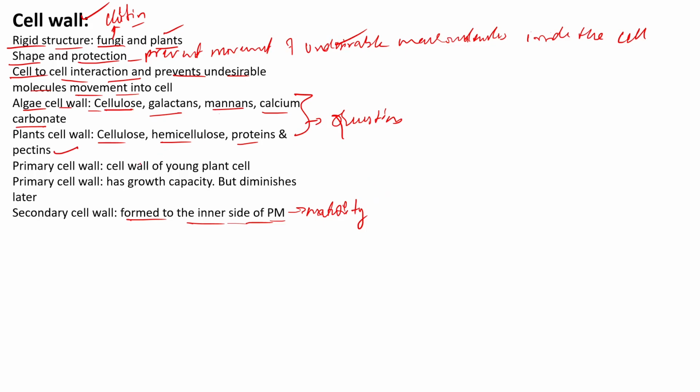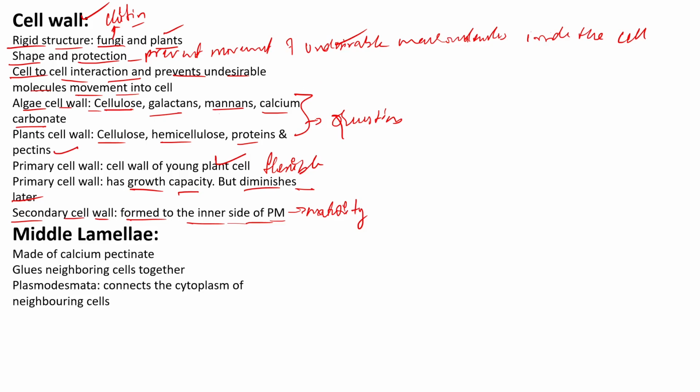However, the primary cell wall is mainly observed in the case of young plant cells, and the primary cell wall is flexible, not a rigid structure. It has a growth capacity, but it disappears or diminishes at a later stage. After its disappearance, then only you find mainly the secondary cell wall in the plant cells.